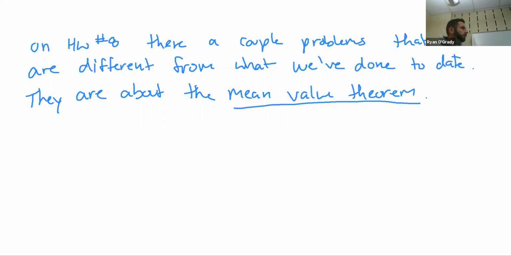So the mean value theorem is a really important fundamental theoretical piece of calculus. It really is at the heart of a bunch of stuff we're going to do moving forward, but it also has some practical purposes. And so what we'd like to do is ask you some questions about this. So I figured that I'd put a couple on the homework.